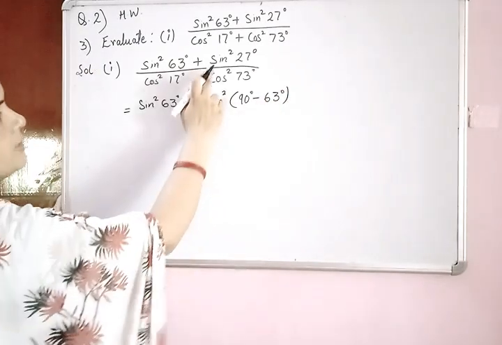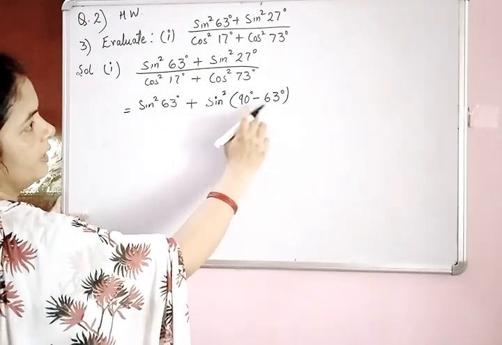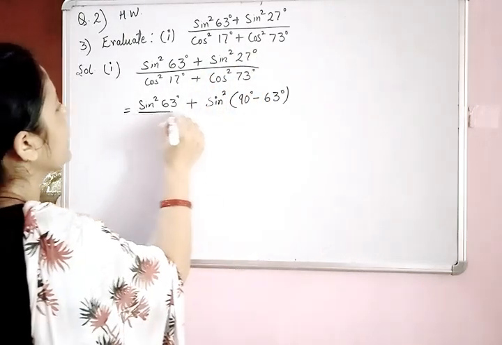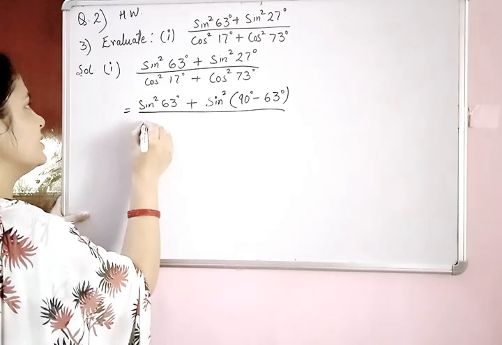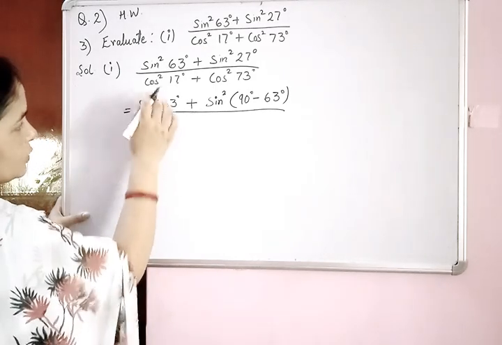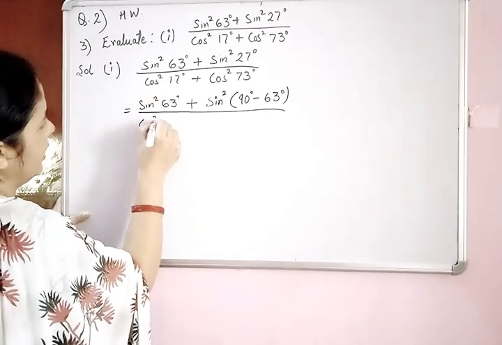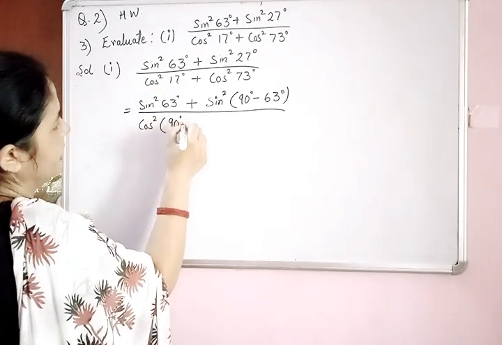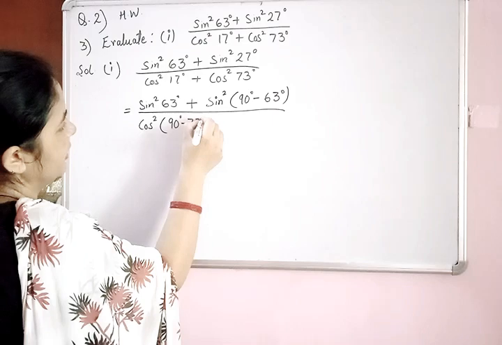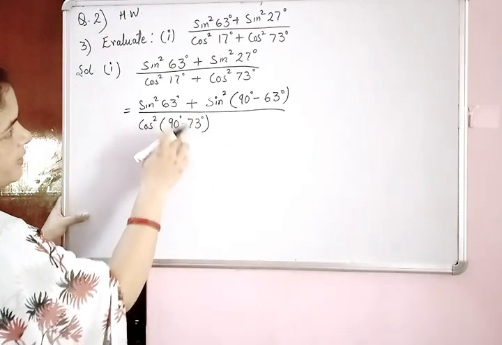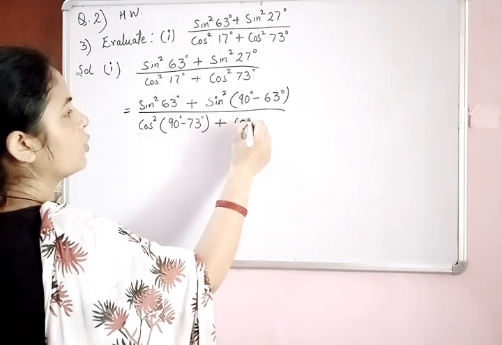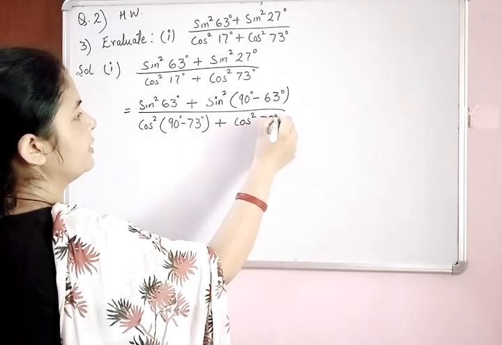Sine square is same, 90 minus 63 is same as 27 degree. Upon cos square 17 degree, I can write cos square 17 degree as cos square, and I can express 17 degree as 90 degree minus 73 degree, because 90 minus 73 is 17. Then plus cos square 73 degree.